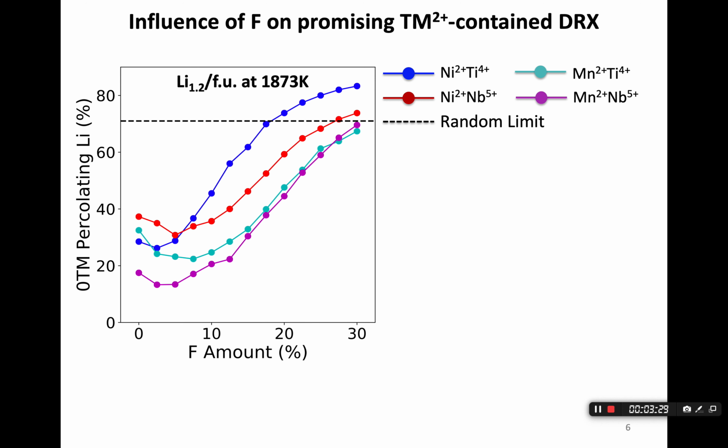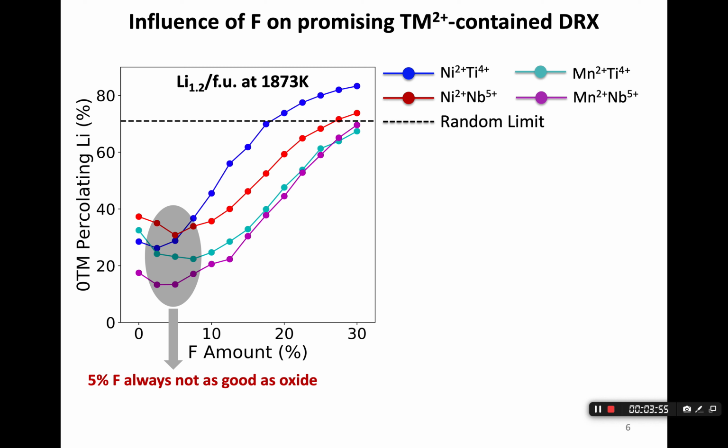So here we plot the amount of 0-TM percolating lithium as a function of fluorination amount. First of all, you can observe that at 5% fluorination, you have the minimum amount of percolating lithium. That basically tells you that 5% fluorination is probably the worst composition you want to deal with.